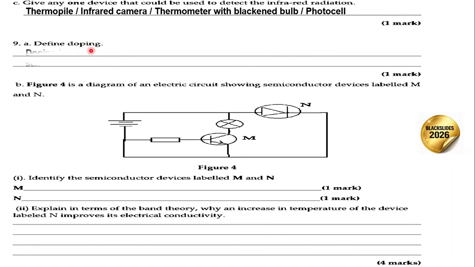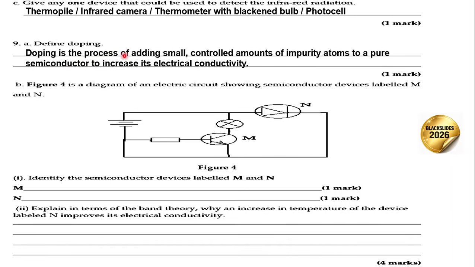Doping is defined as the process of adding small controlled amounts of impurity atoms to a pure semiconductor to increase its electrical conductivity. Remember that pure semiconductors can have their conductivity enhanced by raising their temperatures as well as by adding some impurities, which can be group 3 or group 5 elements.